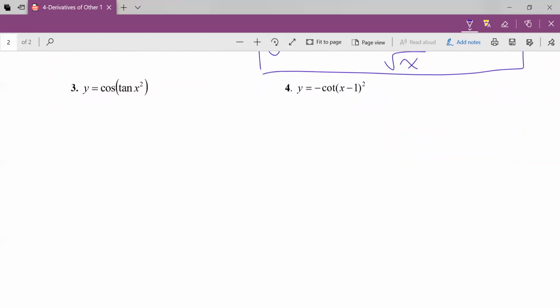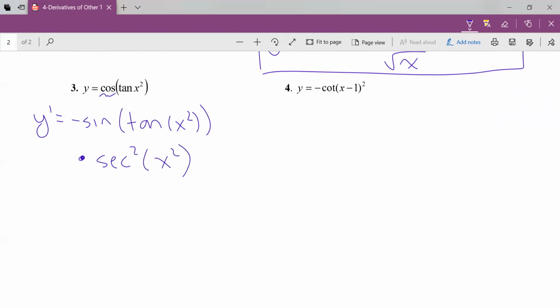All right, let's try number 3: cos of tan x squared. The first thing I'd say is I see some students try to use the product rule on that. Don't do that. This is just chain rule. So the derivative of the outside function: negative sine of tan x squared, times the derivative of the inside. I'm going to go down the page here because I'm running out of room. Tan x squared: the derivative of tangent is secant squared x squared, and the derivative of x squared is 2x.